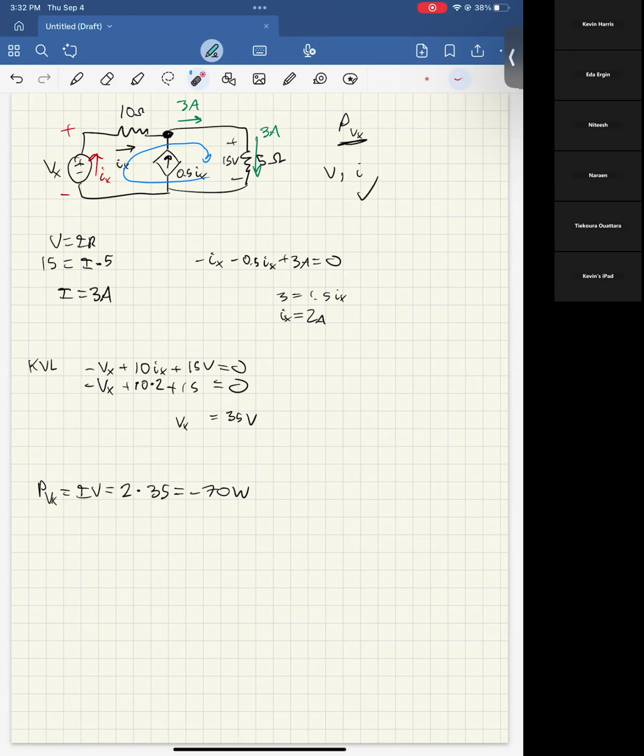I have a question. Why did you decide to use the outer loop instead of the left-sided loop? The reason I did that is because, well, I guess you can. There's not really any difference. That's a good point. Since you know that there's 15 volts here, you also know, same reason as before, that there's 15 volts here.